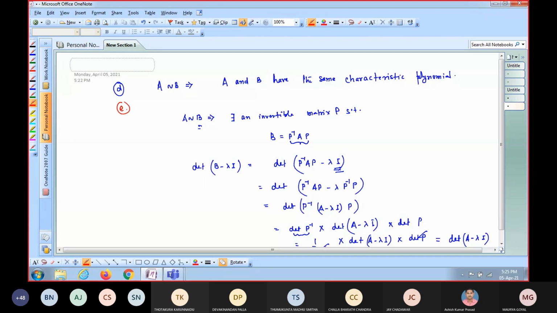The roots of the characteristic polynomial are eigenvalues, so A and B will also have the same eigenvalues. So if A is similar to B, then A and B have the same eigenvalues. Okay, let's jump into the next property.